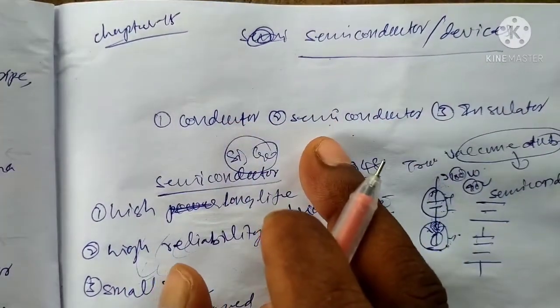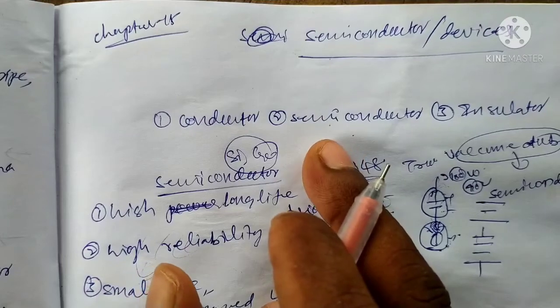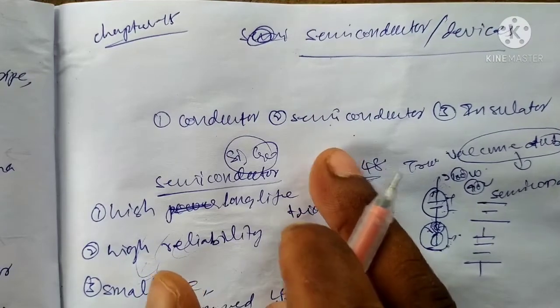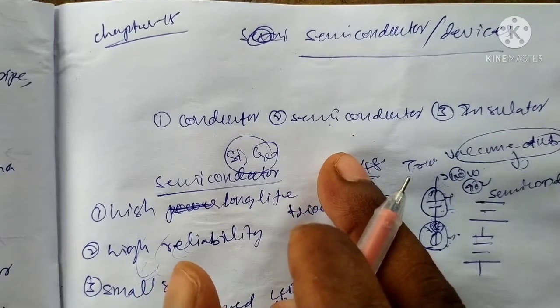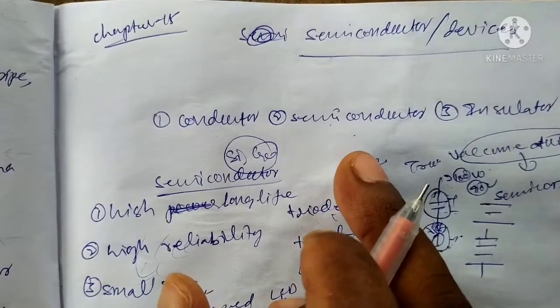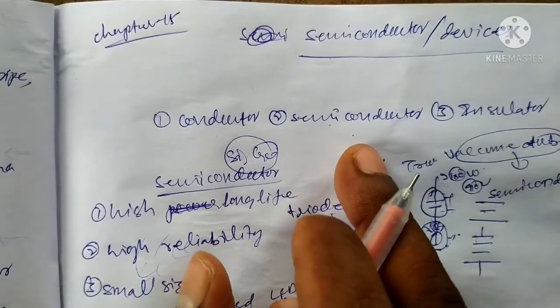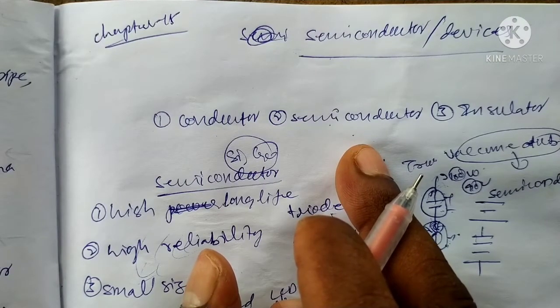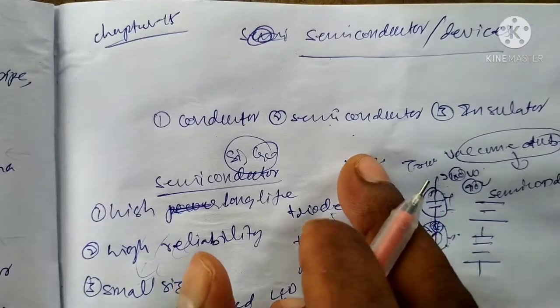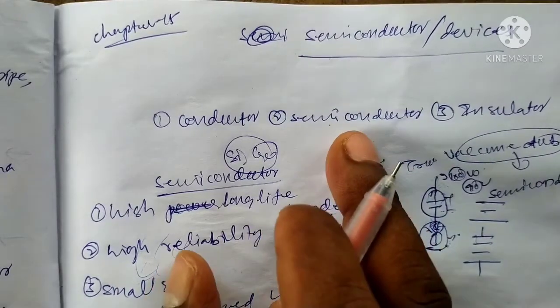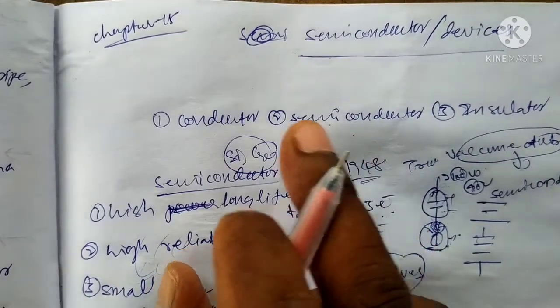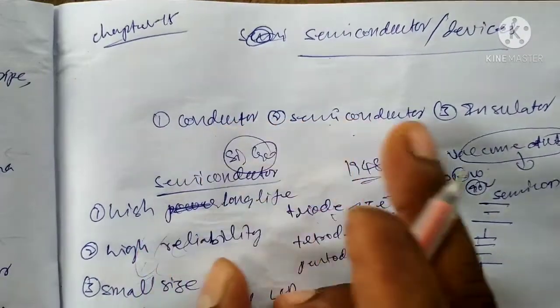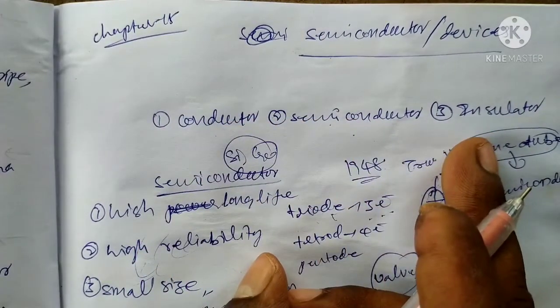For example, in semiconductor materials the motion of the charge carriers can be controlled. That means we can apply voltage and the electron motion can be controlled. We cannot control it in the conductor, but in the semiconductor we can.